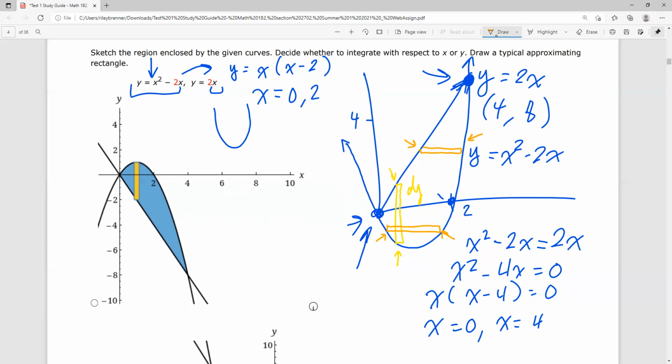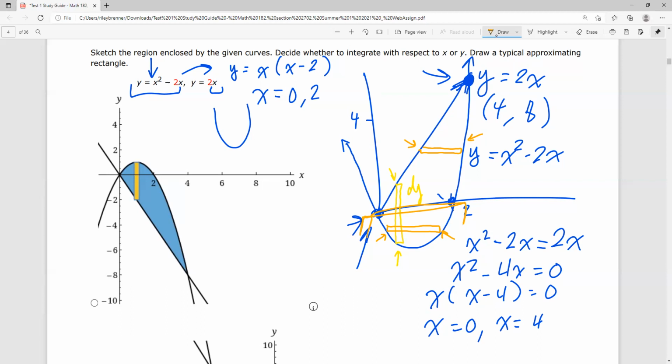It's possible, but you'd have to change a bunch of stuff just to accommodate that, and we don't want to deal with that when we can easily do it with respect to y, where we only have to deal with one function on the top and one function on the bottom, compared to if we do it with respect to x. Once we try to do this region right here below the x-axis, we'd have to use the same equation.